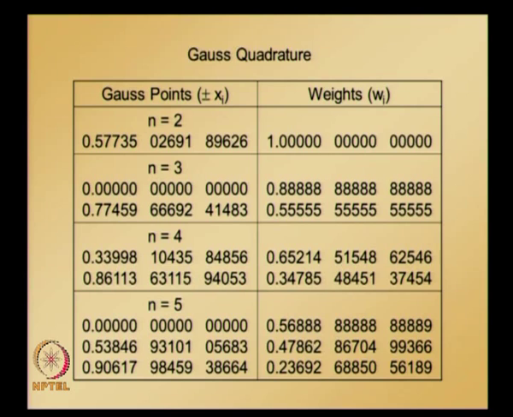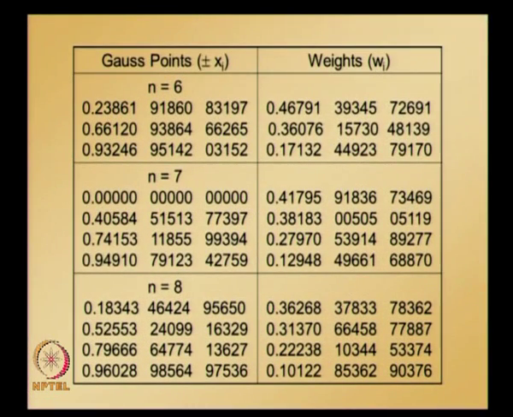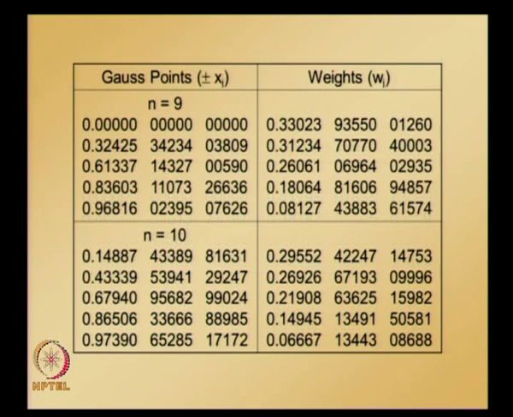Here, for n equal to 2 to 5, points and weights are shown, and the rest of the points and weights are shown in the next table: n equal to 6, 7, and 8, and similarly n equal to 9 and n equal to 10.